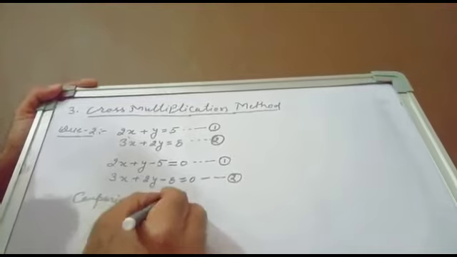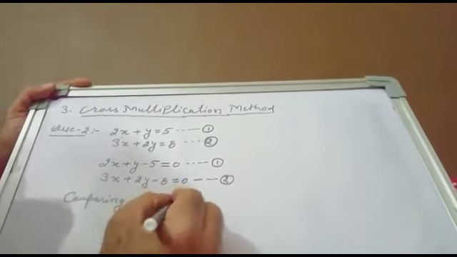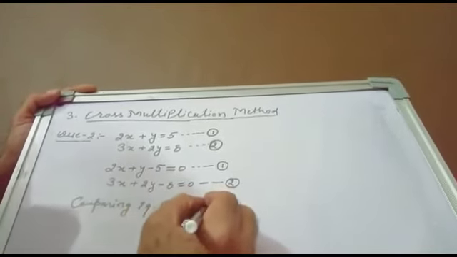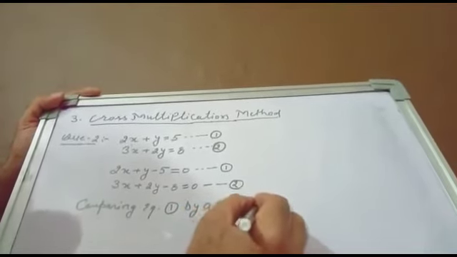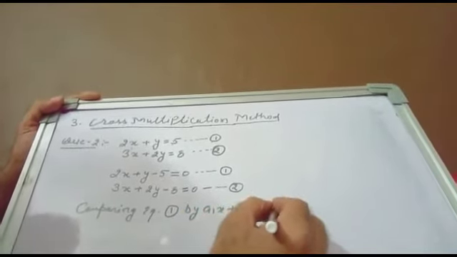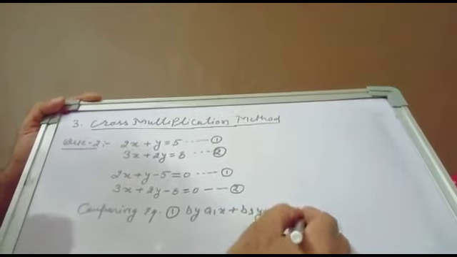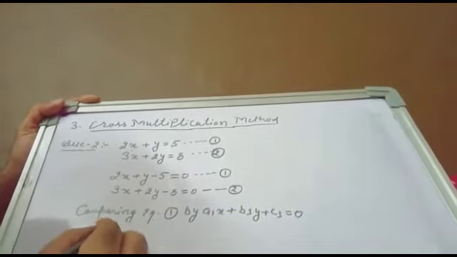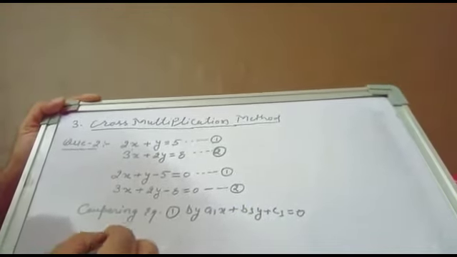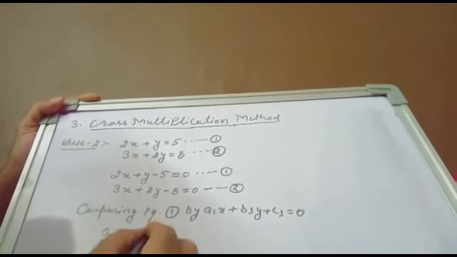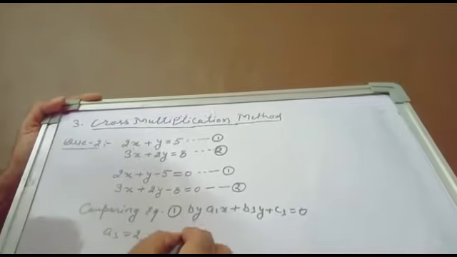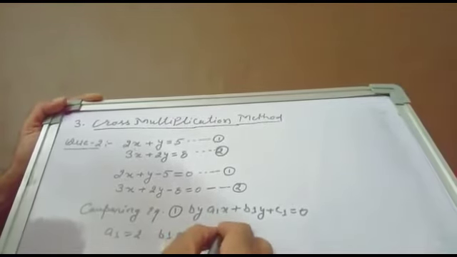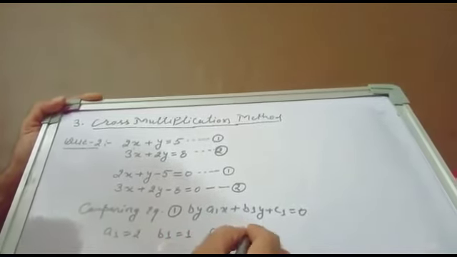with the standard equation a1x + b1y + c1 = 0, the value of a1 is 2, the value of b1 is 1 and the value of c1 is -5.